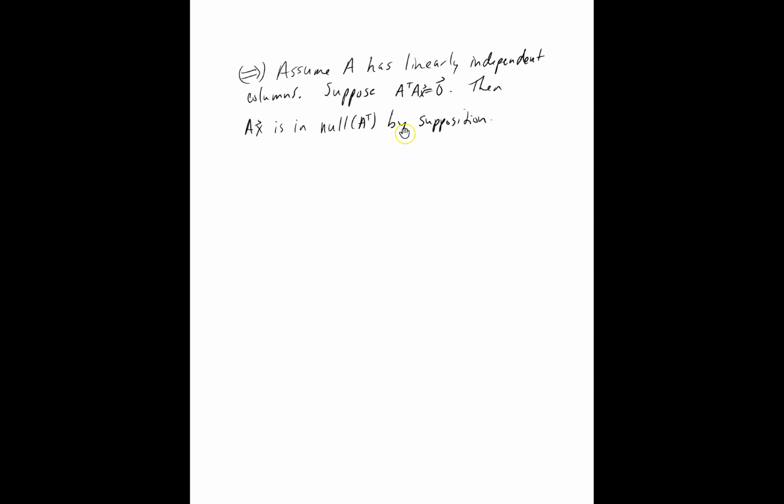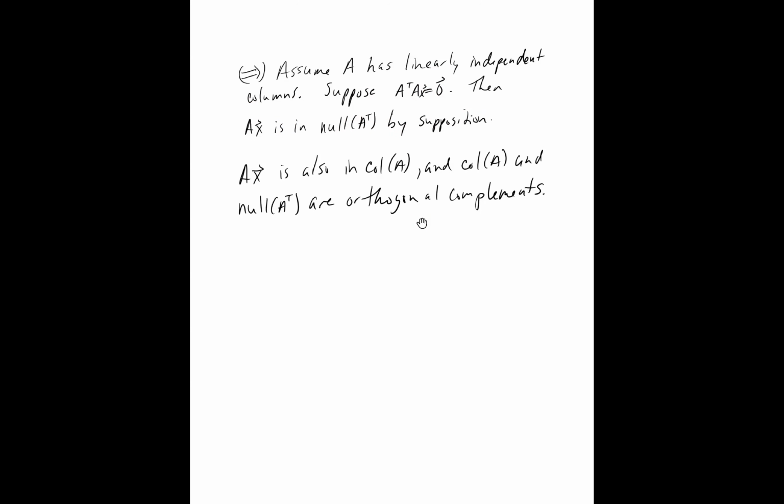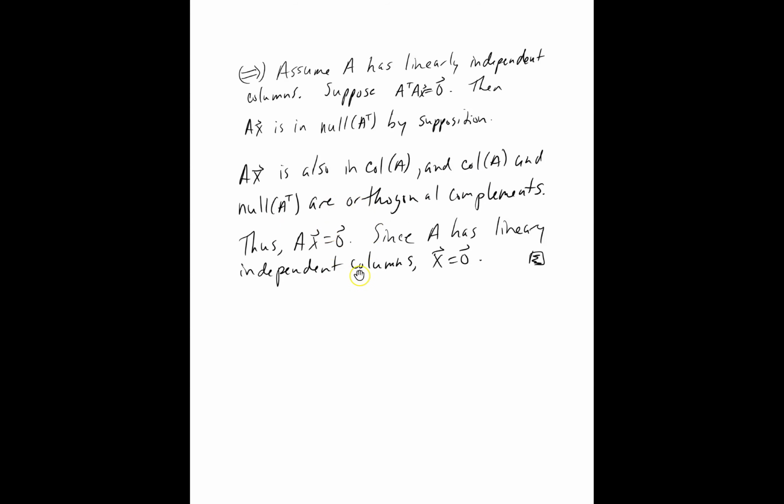That's the definition of being in the null space. It's also in the column space because when I multiply a matrix by a vector, the result is a linear combination of the columns. Plus, we know that the column space and the null space are orthogonal complements of each other. The only thing that's in both at the same time is the zero vector. So we have AX equals 0.